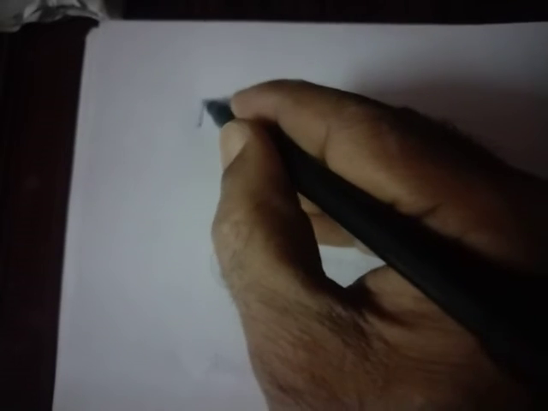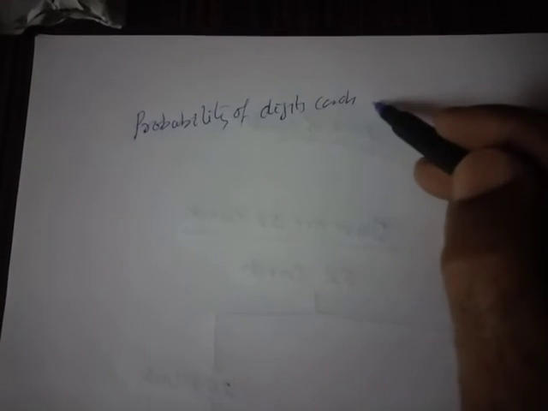Okay. Suppose that you have to find out the probability of digit cards. How many digit cards are there in total? 9 diamond, 9 hearts, 9 club, 9 spade.